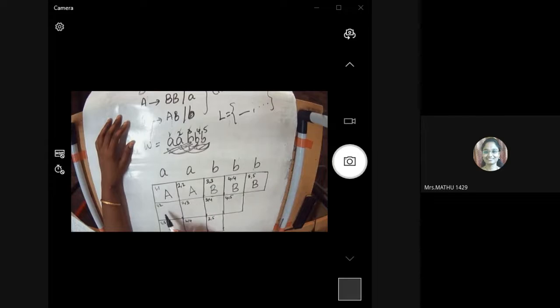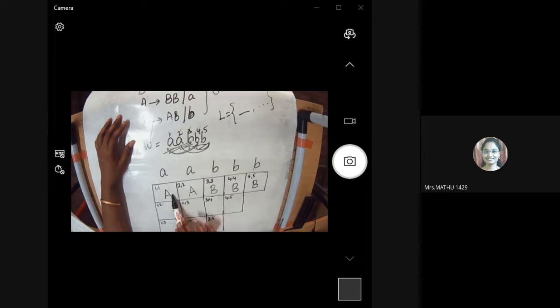Now the next row. It is having all 2 length substrings. So what is the first 2? You take it from the previous row, not from the exact strings here, but from the previous row. What is given?